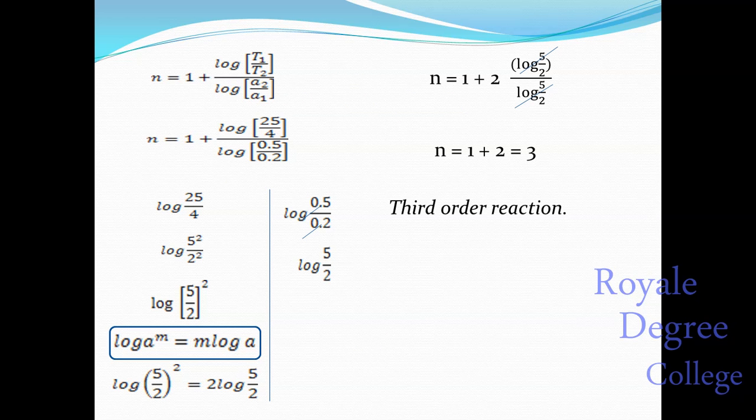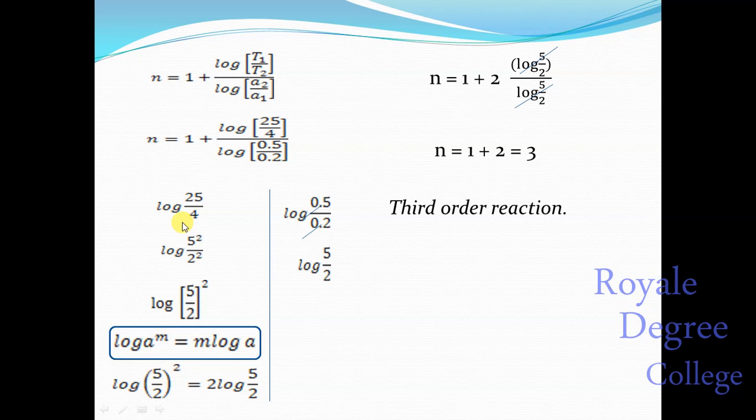Now we use this formula: n equals 1 plus log(T1/T2) divided by log(A2/A1). In place of T1, T2, we substitute the values: T1 is 25, T2 is 4, A2 is 0.5 and A1 is 0.2. Now we do the calculation separately. First, log 25 by 4.